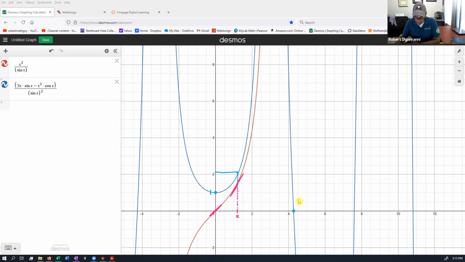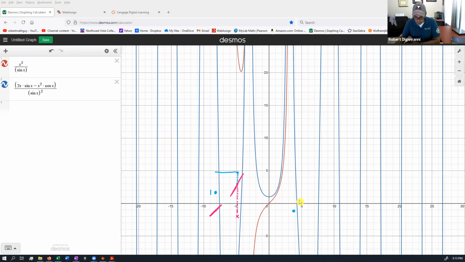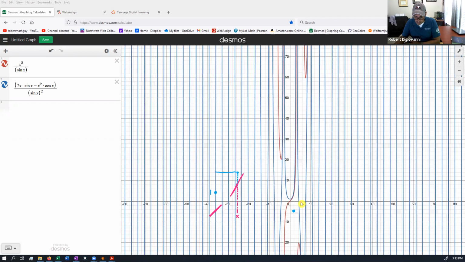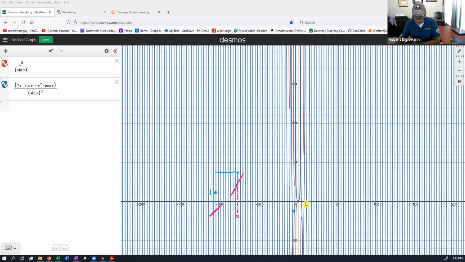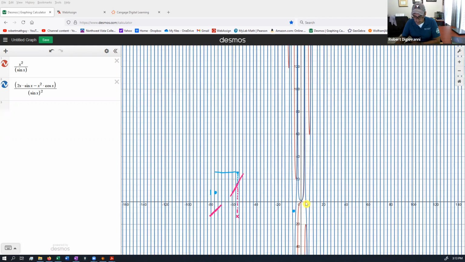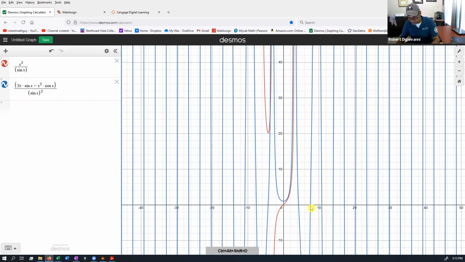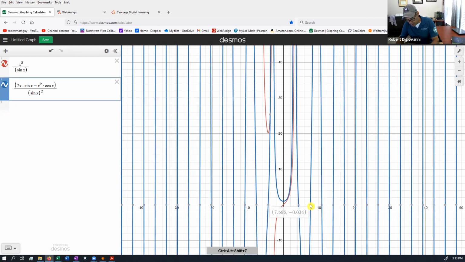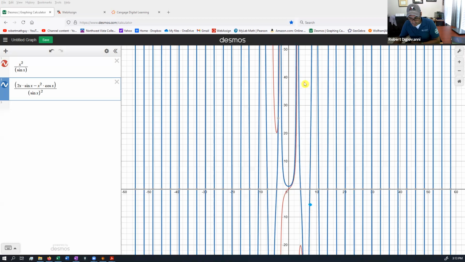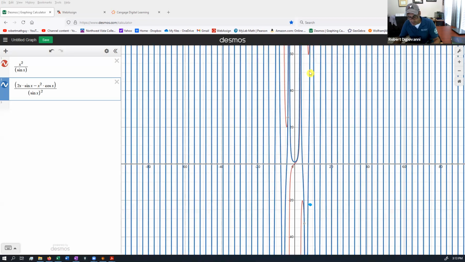Where is it? Oh, we're not going to be able to see it. Okay, I'll go to a different one. How about we go right to that value. If we follow that straight up, can you see that it corresponds to, come on, what's going on here?